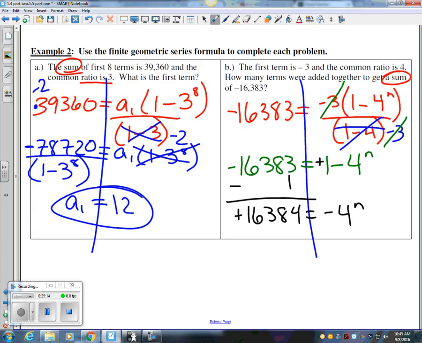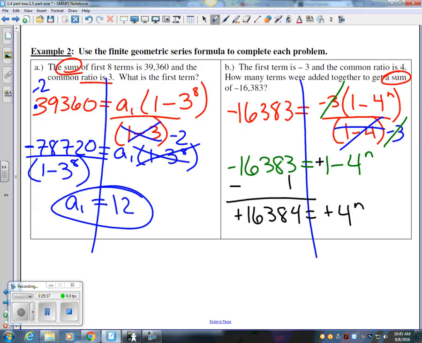Your negatives cancel. The calculator will give you an error if you do log and then a negative. So otherwise I would just say yes, Jonah, but the calculator doesn't like them.